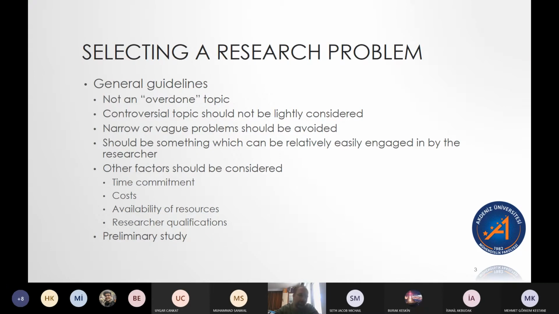So as far as that final point, the preliminary study, do a preliminary kind of light research of what's out there already to see what ideas have already been engaged in. If you have a potential idea for a solution to an existing problem, do some preliminary research to see if the idea that you're wanting to attempt has already been tried, or if it's already been tried, found successful, or found lacking.